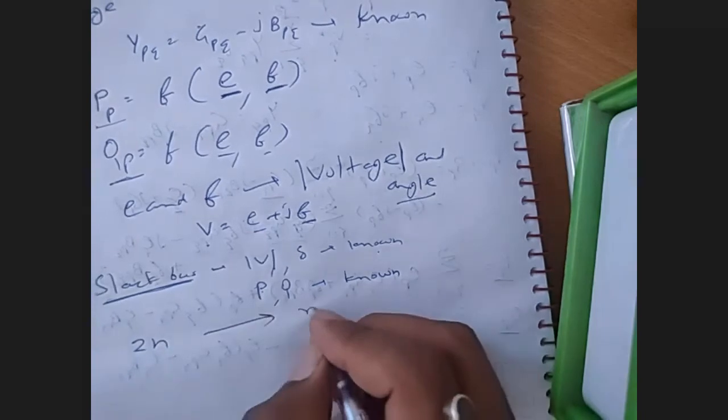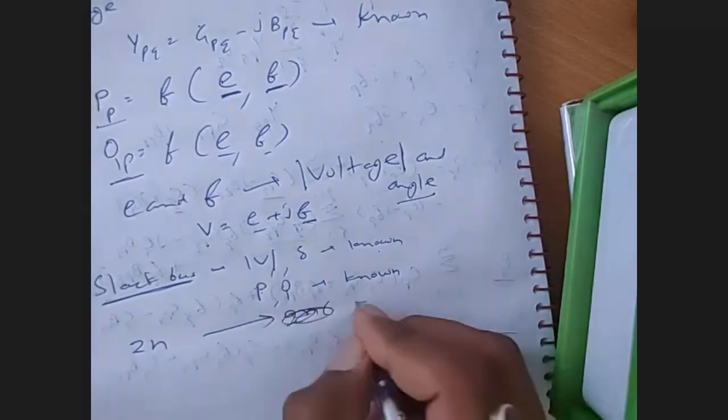And due to that, our quantity, which is 2n, will not remain 2n, it will become 2n minus 1, because at the slack bus all quantities are known.